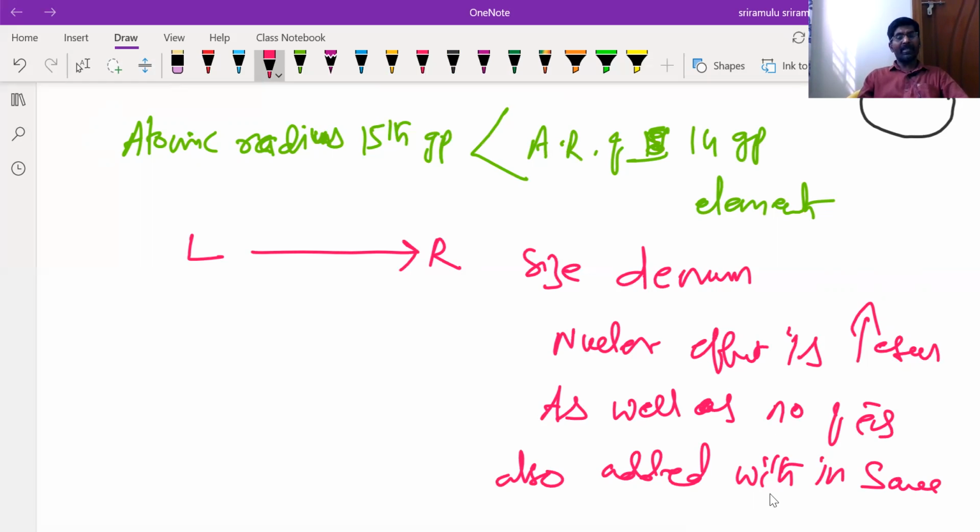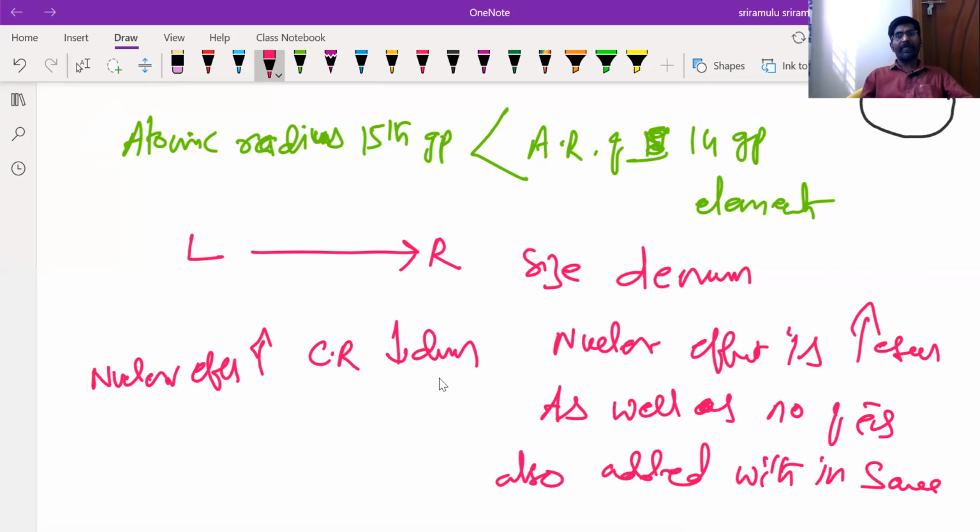So that's why the nuclear effect increases, and the simple thing is the covalent radius decreases, students. Only one thing is there: the nuclear effect increases.